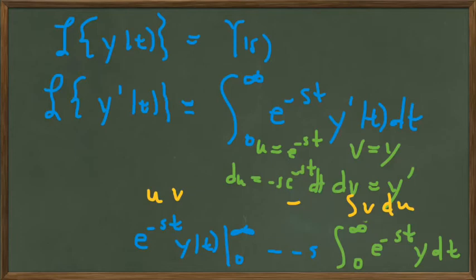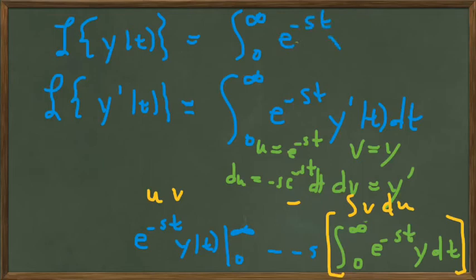So let's group what's inside that integral and make note of the fact that that's really just y of s in the brackets there, because L of y of t would be the integral between 0 and infinity of e to the minus st y of t dt.